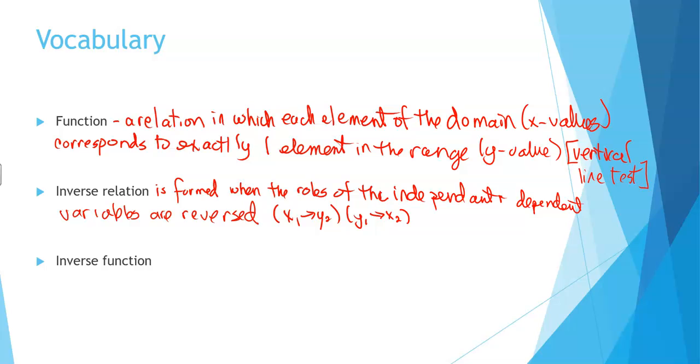Now, if it's an inverse function, it is an inverse relation like we talked about here, and then that is also a function. So we're putting these first two vocabulary words together.